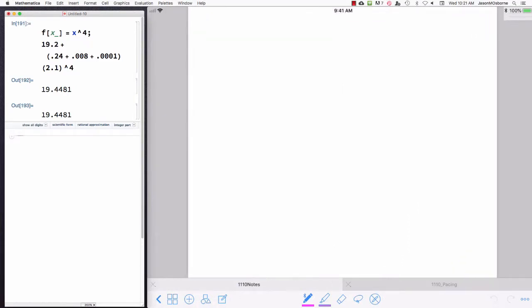Let's say that you have f of x equal to x over x plus 1, and you've chosen a point of interest, a equal to 2, and you're being asked to find an approximation for the function at 2.01.